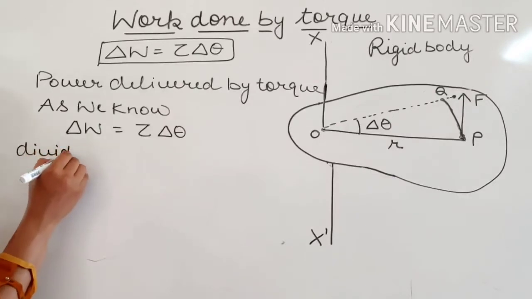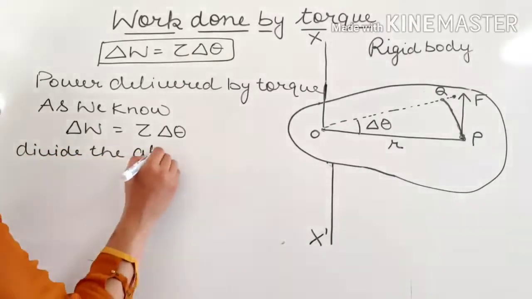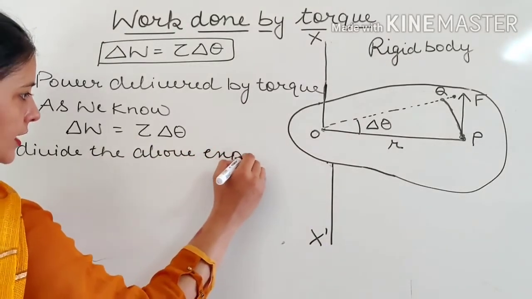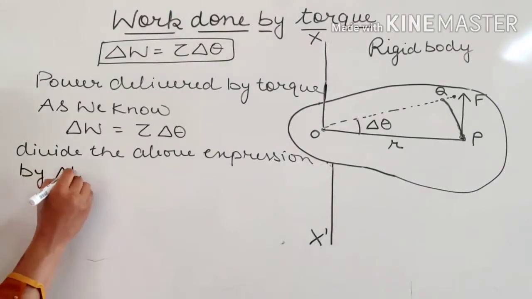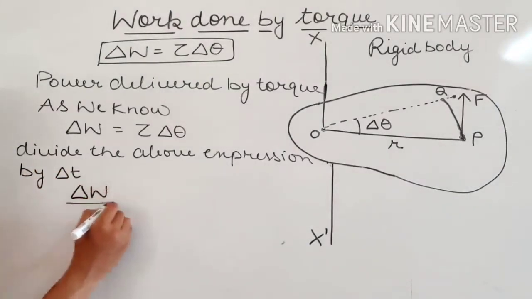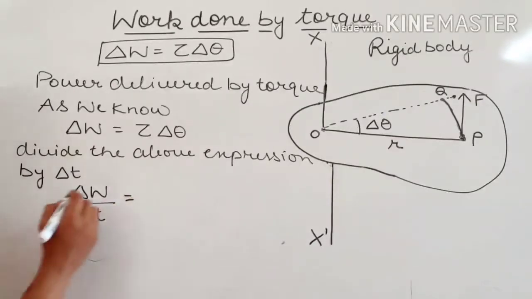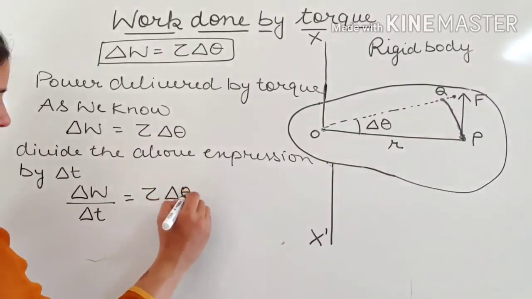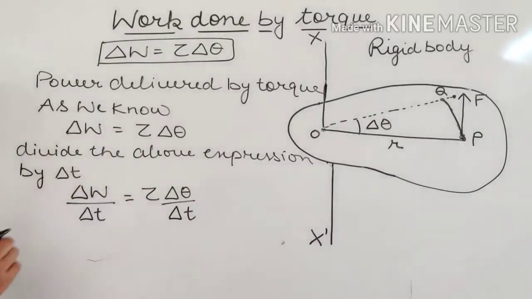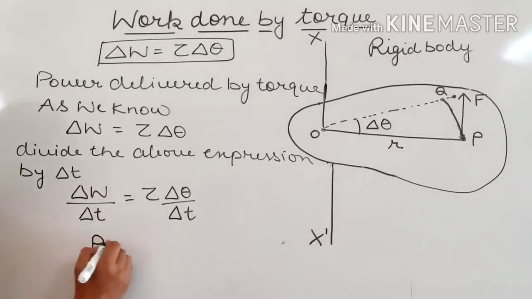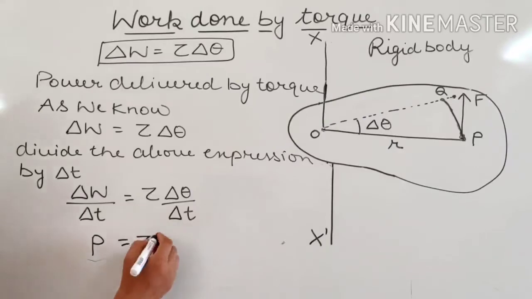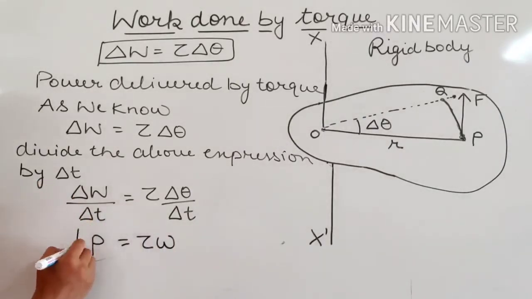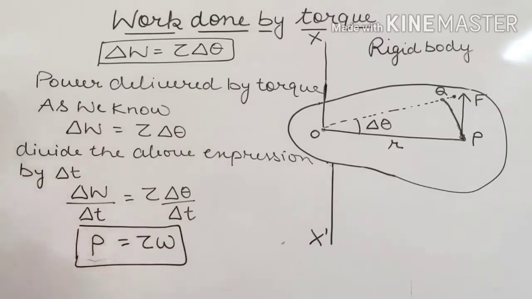Divide the above expression by delta t, that is delta W divided by delta t is equal to tau delta theta divided by delta t. We know rate of work done is power, that is equal to tau times displacement with respect to time, that is angular velocity. So this is the relation between the power and the torque.